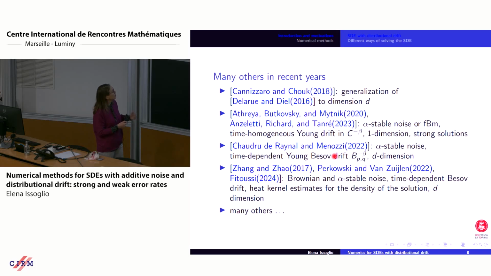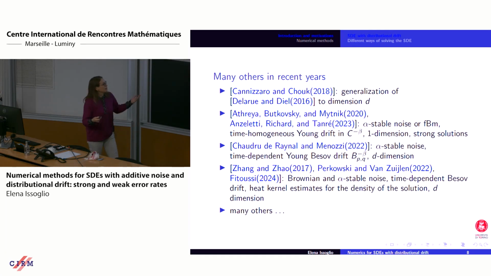And then also literature started appearing on looking at the estimates for the density of the solution. And these, I think Zhang and Zhao did the Brownian case, Perkowski and van Zuijlen, I forgot, also Brownian, and Fitoussi, the alpha stable case.